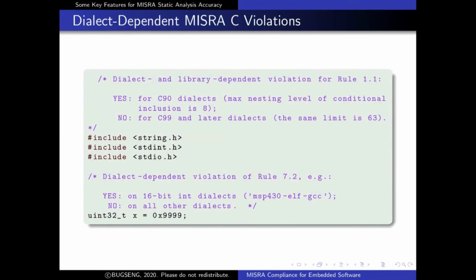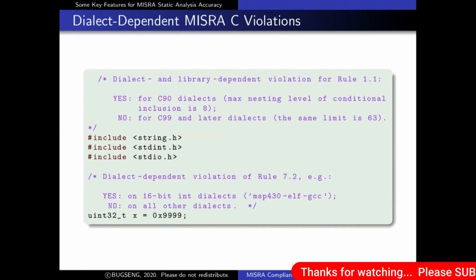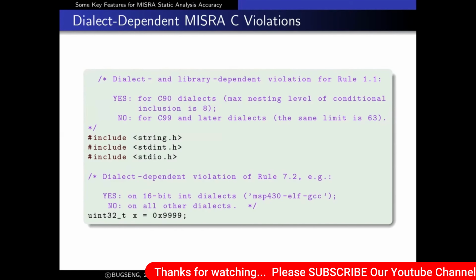Here we have several examples of dialect-dependent MISRA C violations, just to give you an idea that this is relevant. If you don't configure the tool correctly, you may have false positives, or you may not find violations, so you may have false negatives.